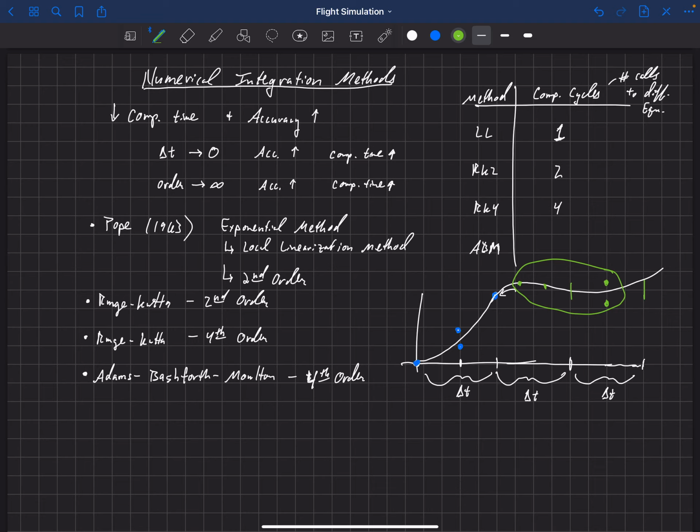Okay, so it uses information from the previous time steps here. So in any given time step, it only needs to make 2 calls to the function, and then it can combine that with previous information to still remain fourth order. Okay, so that's called the ABM method, and so it requires only 2 calls per time step.